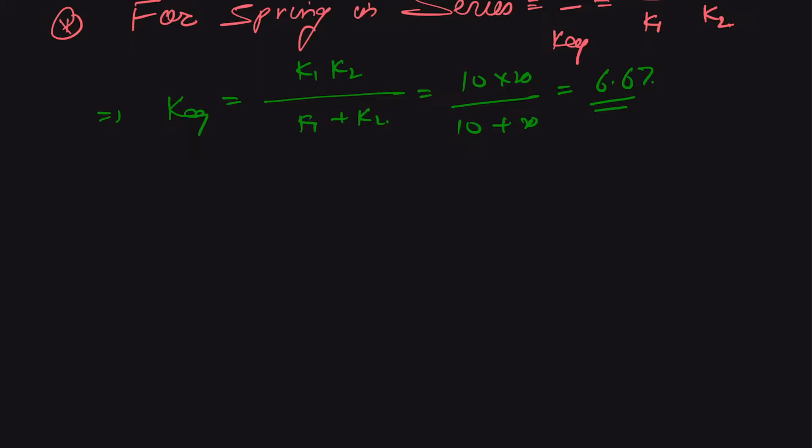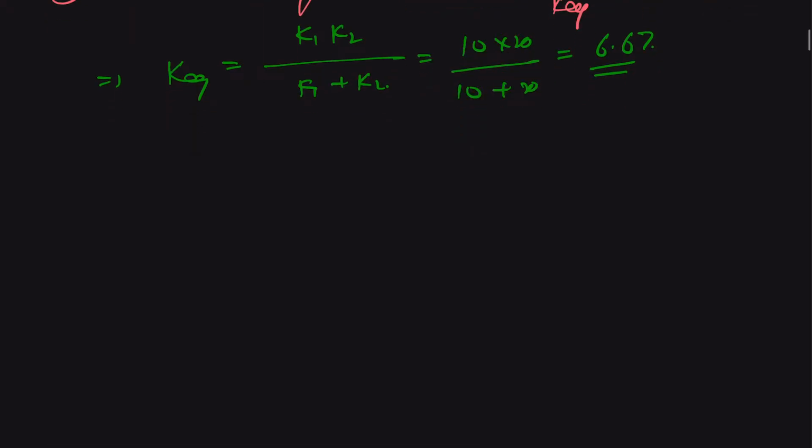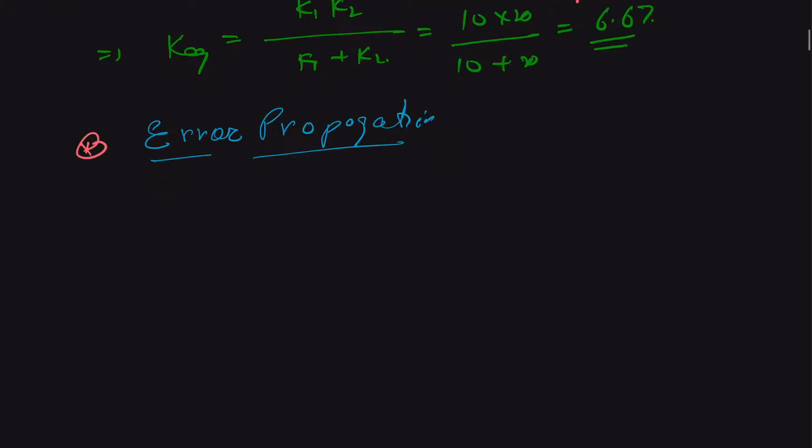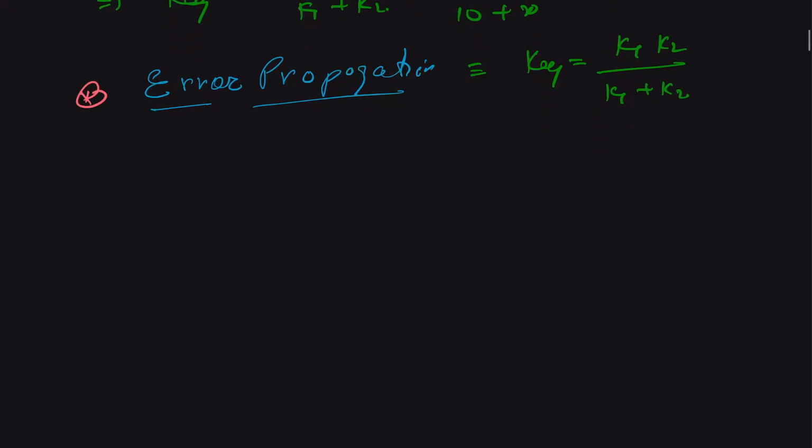And now we are going to find out the error propagation. Once again we are going to start from the equation, that is K equivalent is equal to K1 K2 upon K1 plus K2, and we are going to take its logarithmic differentiation.